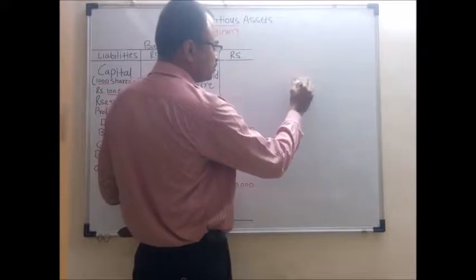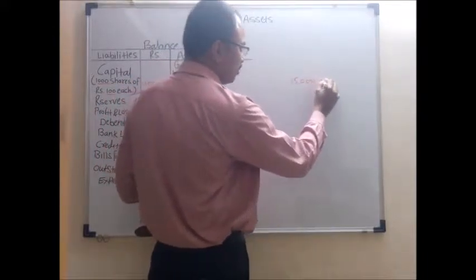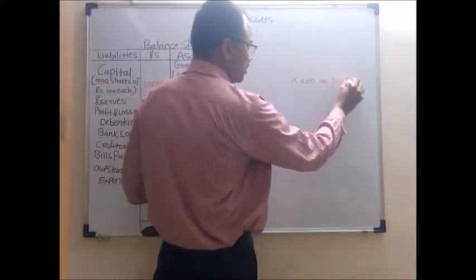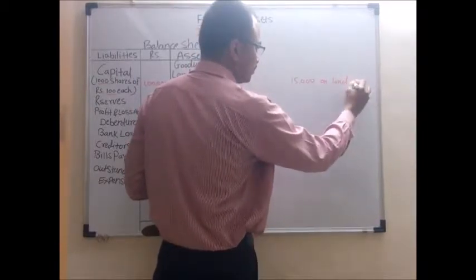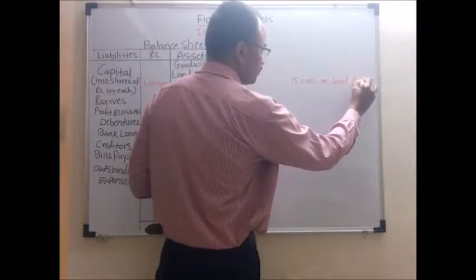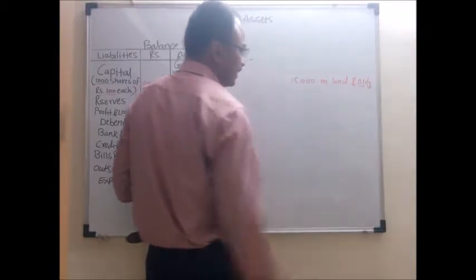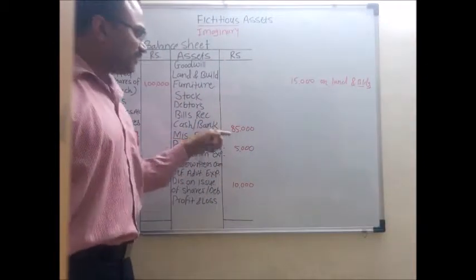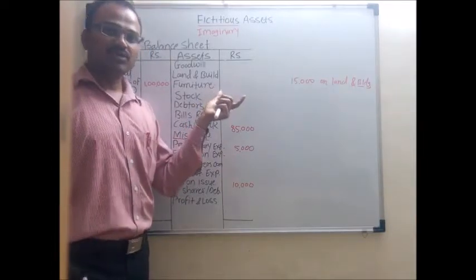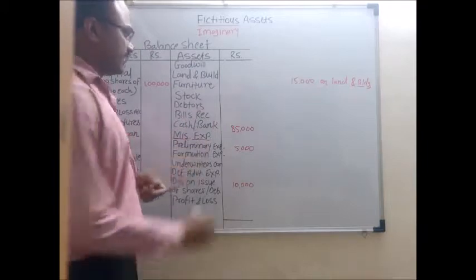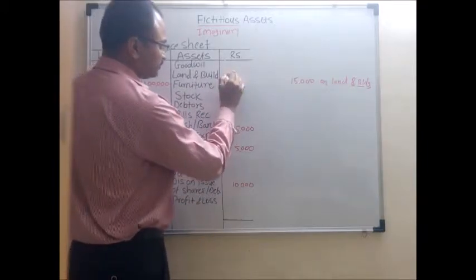Suppose I have to spend 15,000 on land and building. It means out of 85,000 I am going to use 15,000 to buy the land and building.